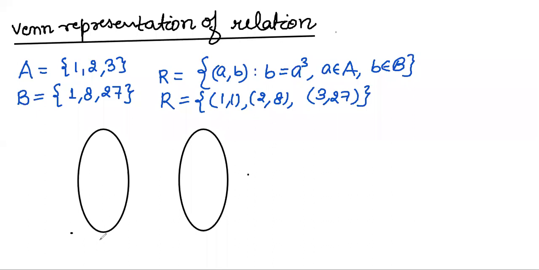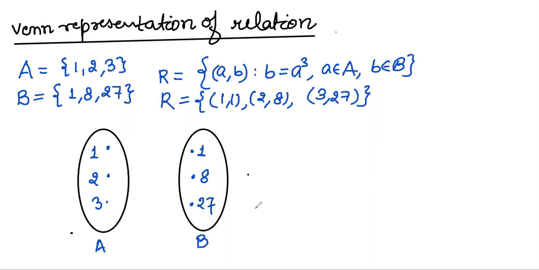So this is set A and this is set B. I'm writing here the elements for set A, 1, 2, 3, and set B elements 1, 8 and 27.